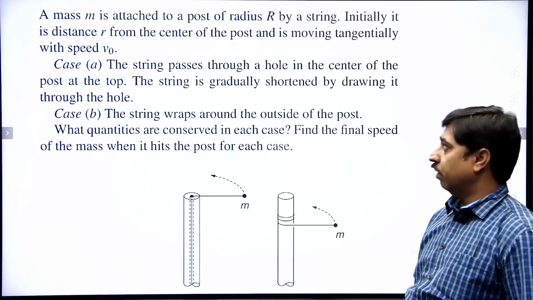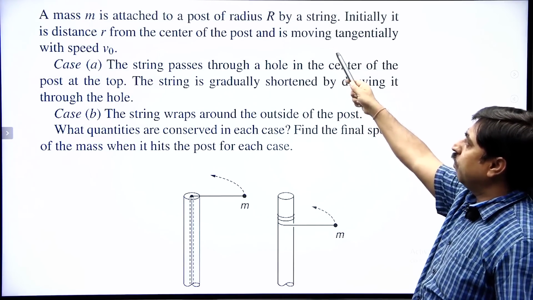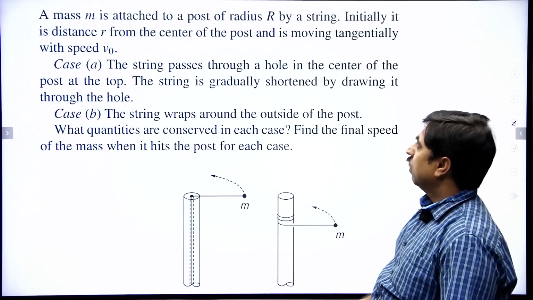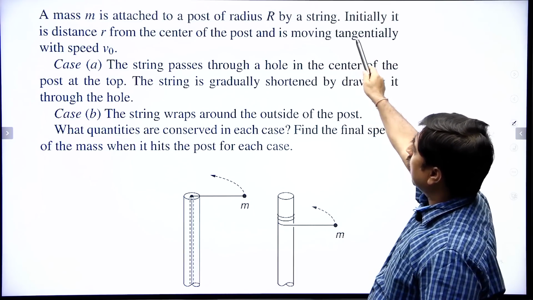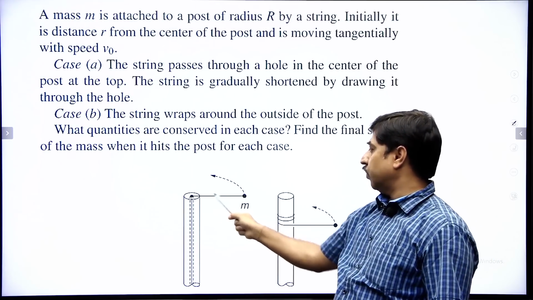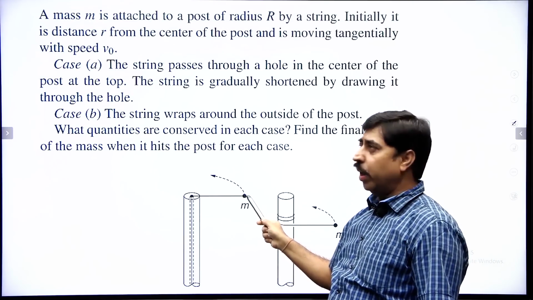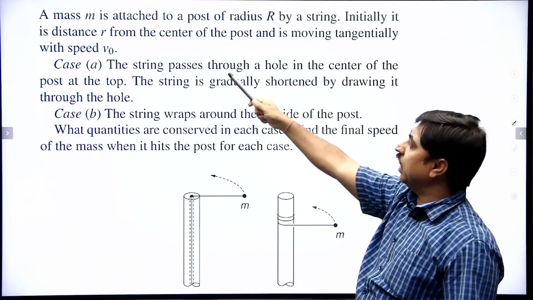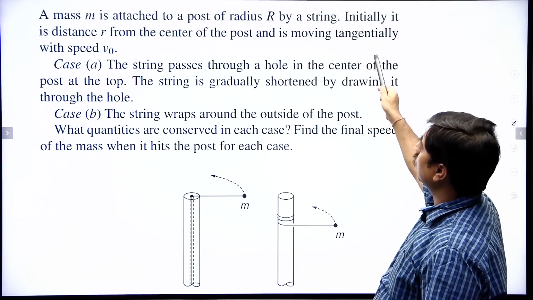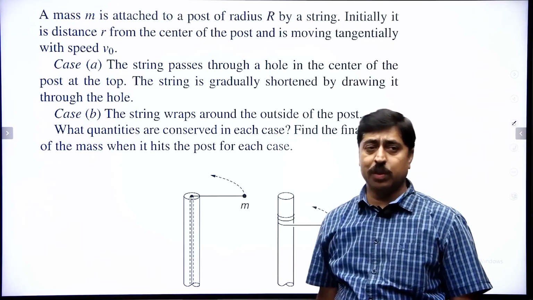Read this question please. A mass m is attached to a post of radius r. This is a post, a pipe kind of thing. A mass m is attached to a post of radius r by a string. There is a string which is holding this mass. Initially it is at a distance small r from the center of the post and is moving tangentially with speed v naught.